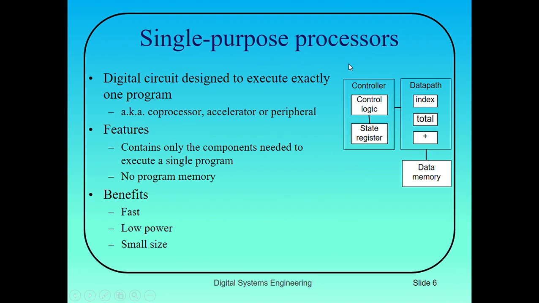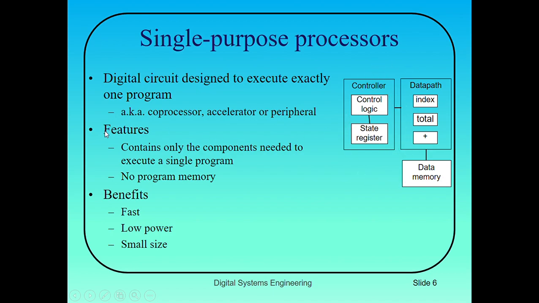Single purpose processor. Single purpose processors are digital circuits designed to execute exactly one program. They are also known as coprocessors, accelerators, or peripherals. Here you can find the architecture of the single purpose processor.